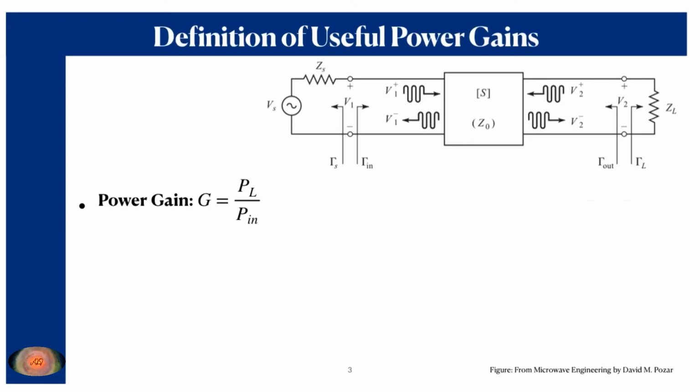The first one is the simple power gain, which is defined as the ratio of PL to Pin, where this PL represents the power being delivered at the load, and this Pin defines the power which is being delivered at the input terminal of the device.